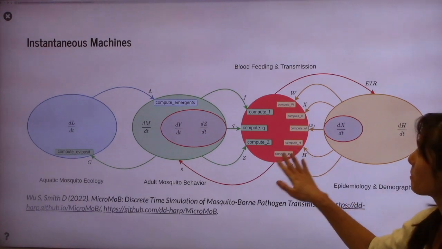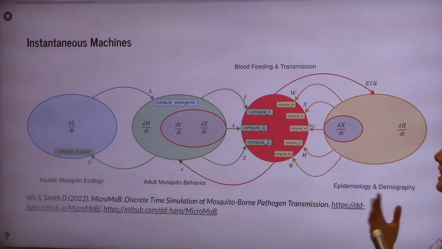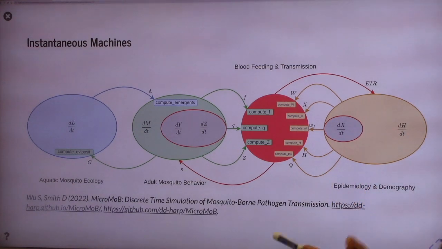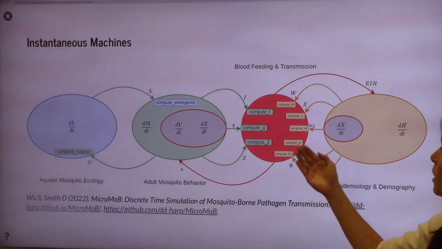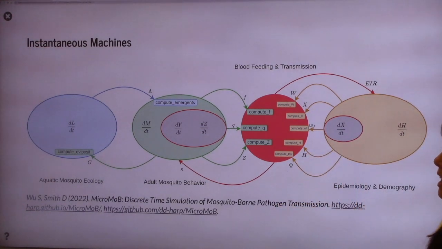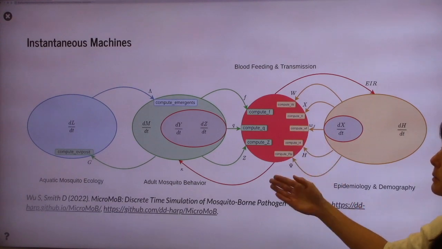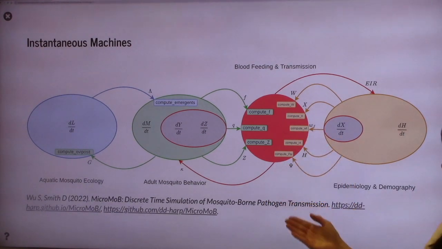And in between you have the blood meal. And the blood meal does not have state. It's just a really complicated, expert chosen function that says, what is the infection rate given all these people in this area doing this sort of thing and their genetics and the genetics of the mosquitoes. So it's quite complicated, but it's a really important part of the system. And so for Algebraic Dynamics to be useful in this area, we need to be able to put functions in boxes as well.